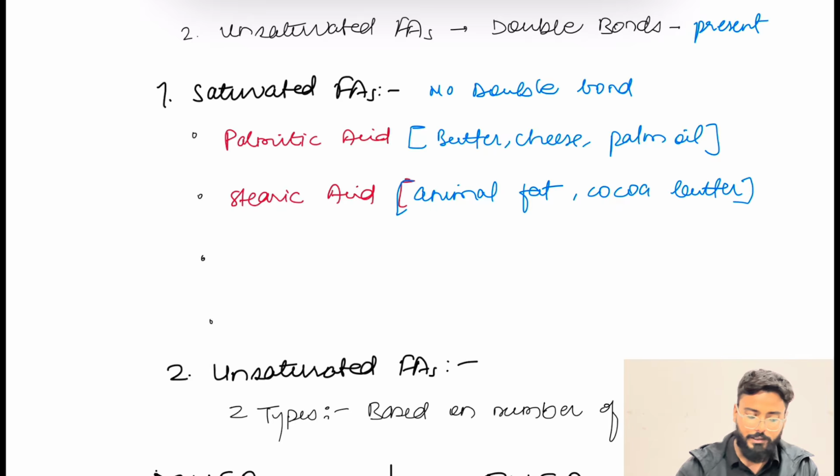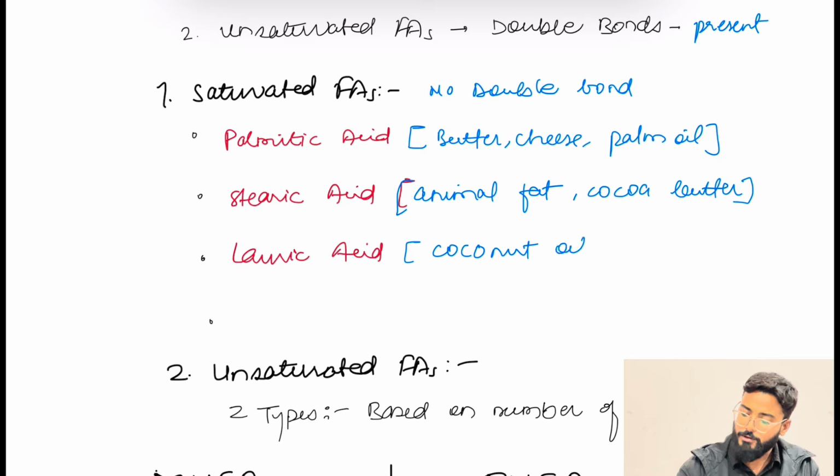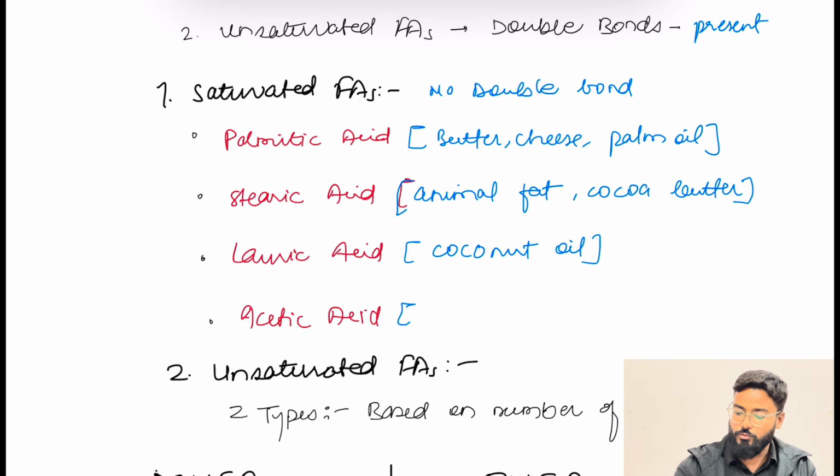The third one is lauric acid, and the source is your coconut oil. And the fourth one is acetic acid, and we have learned this in school that the source is your vinegar.